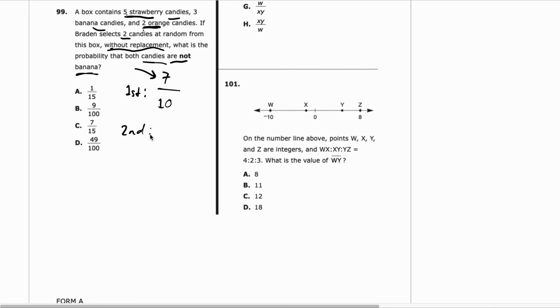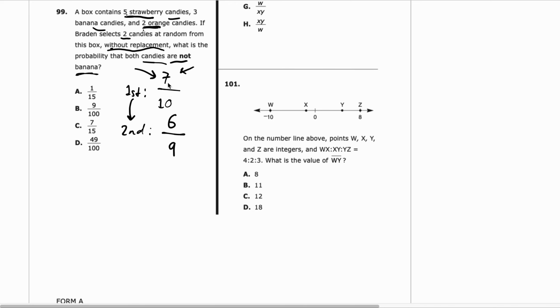And then on your second pick, if you want to pick candies both times that are not bananas, the second pick assumes that in your first pick you did not pick a banana. So there's obviously going to be 9 candies left because we're not replacing the candy that you picked. And since you picked a candy in the first try that wasn't banana, there are only going to be 6 candies left that are not bananas.